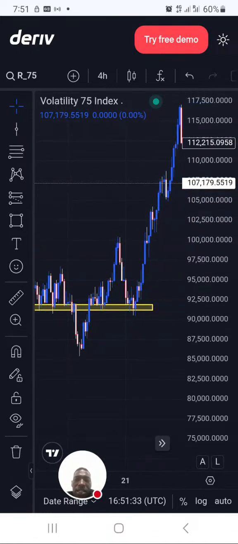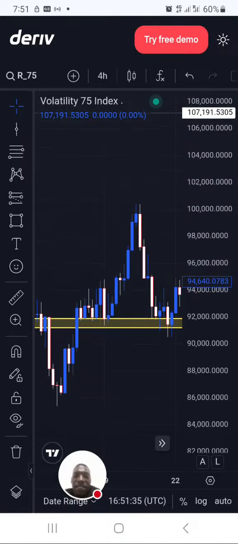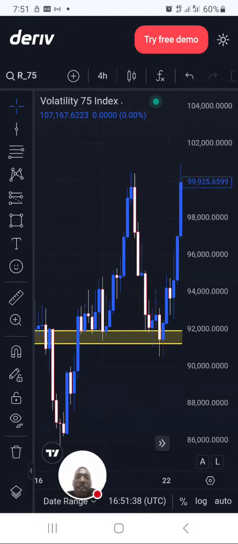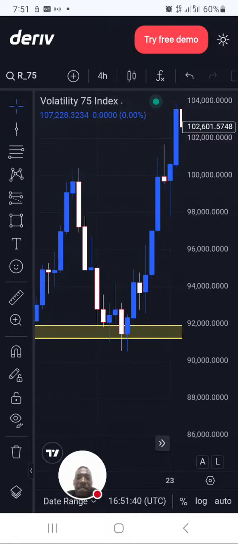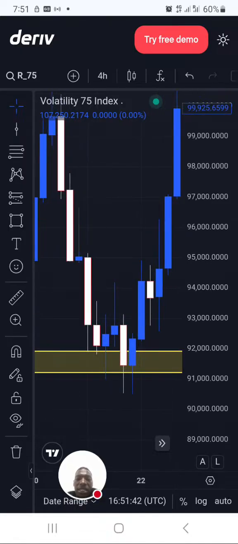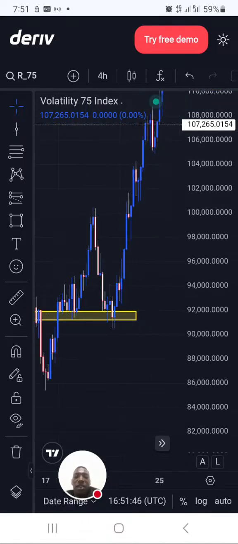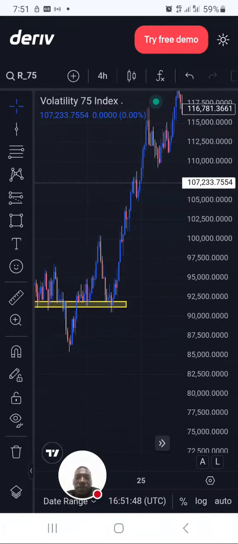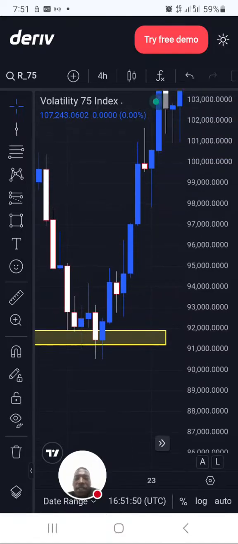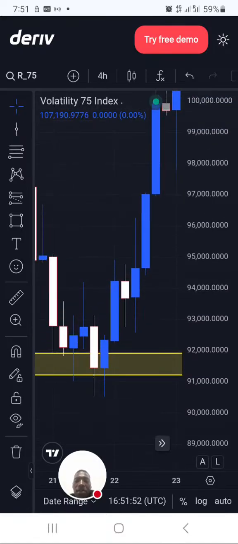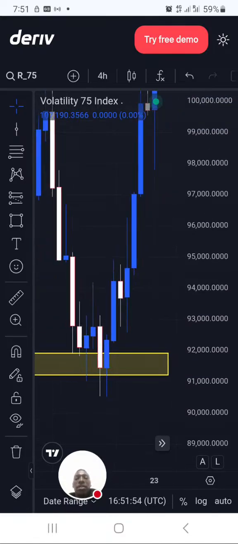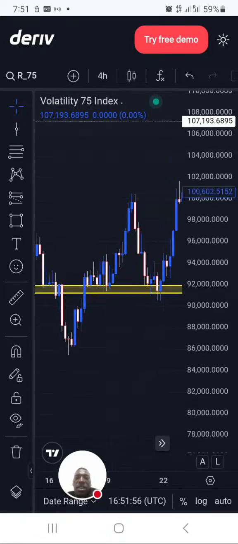You can say, yes, it breaks, comes and retests for the first time, and then it comes and retests for the second time. When it retested the second time, what happened to bring this big move? You can read everything from here at the candle.